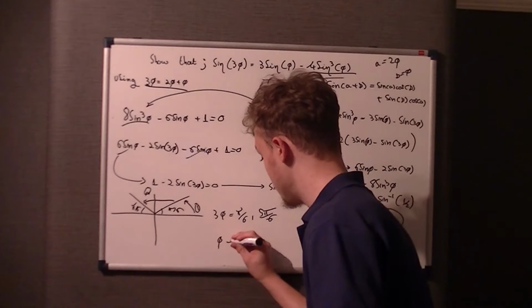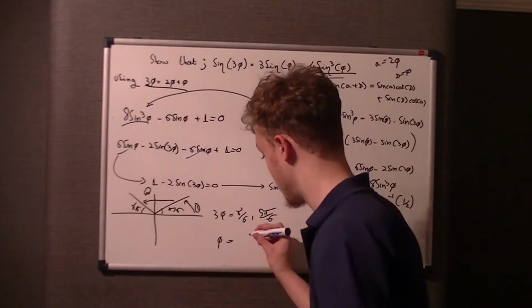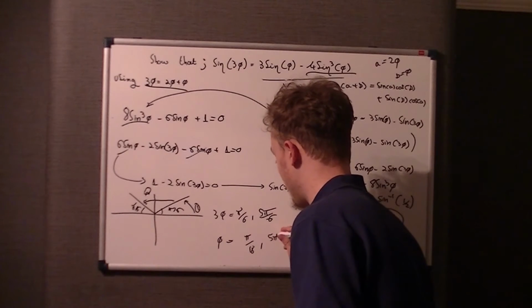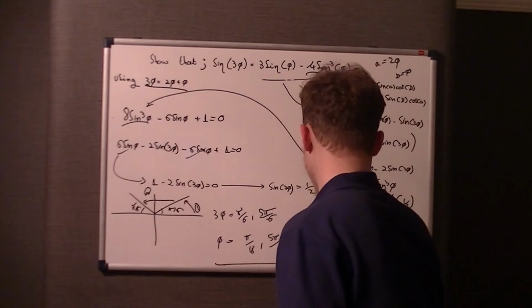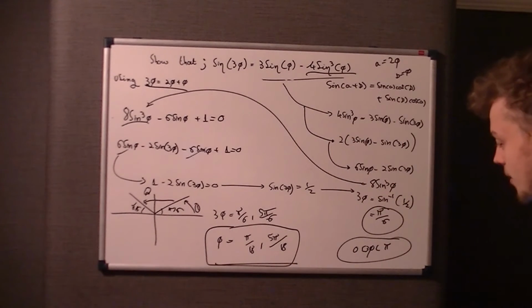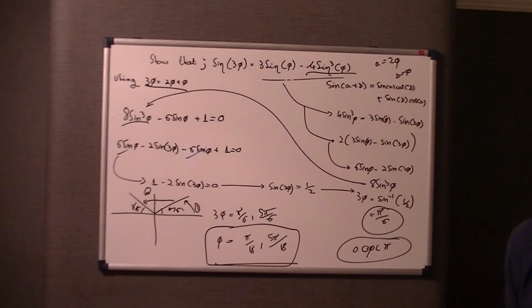And to get theta, you divide all of it by 3, so that becomes pi on 18 and 5 pi on 18. They don't cancel, so they are your end answers. And if you check, 5 pi on 18 is between 0 and pi on 3. So they are your end answers.